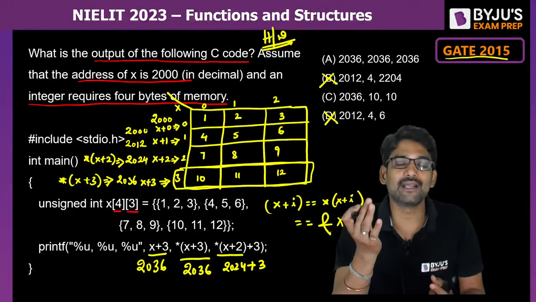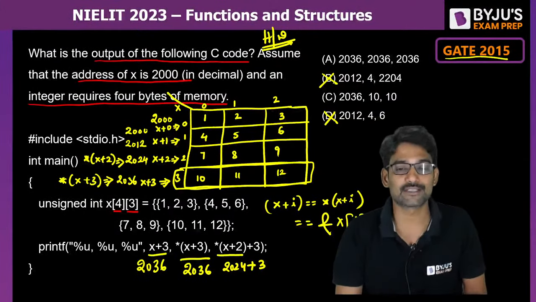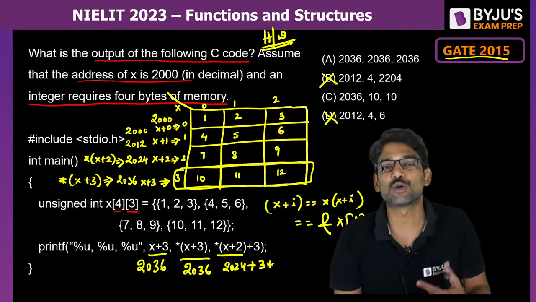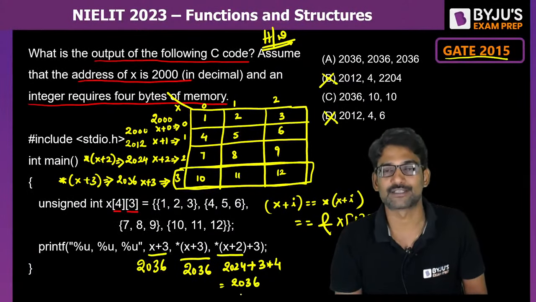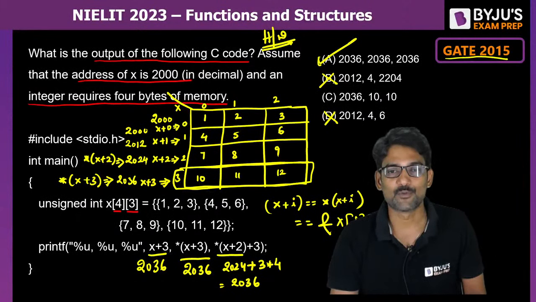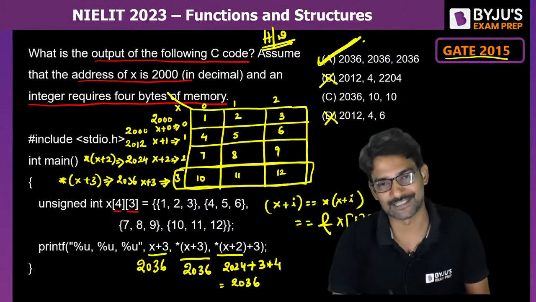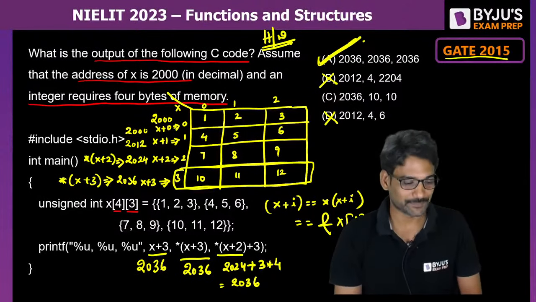When you are adding or subtracting a number, you always have to multiply that with the size of each element, which we call the scale factor. So 3 multiplied by 4, this is 2036 again. So what would be printed? 2036, 2036, 2036. All will print 2036 only.